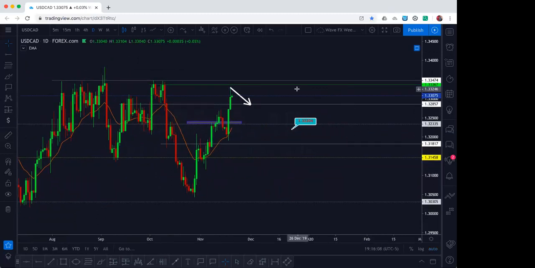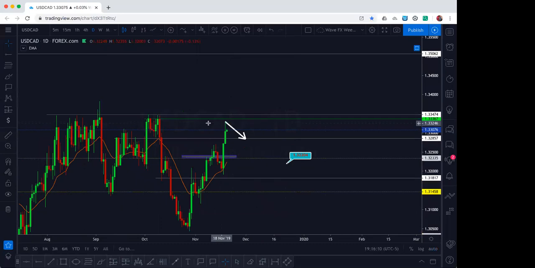Unless we see continued weakness out of the CAD, then we could see the market continue to the upside out of these areas and then push higher, right? But the overall expectancy from this pair is to expect some sideways movement for a while, right?